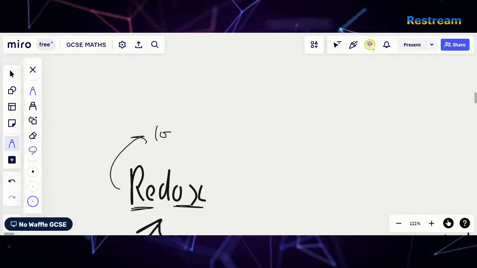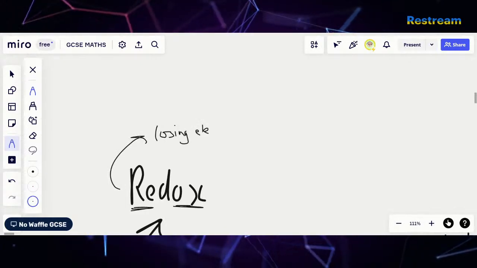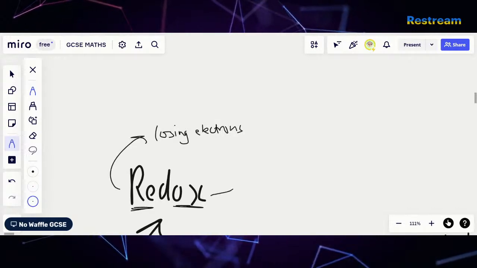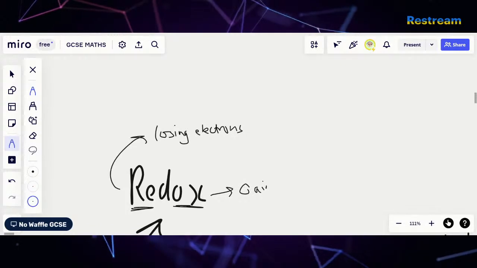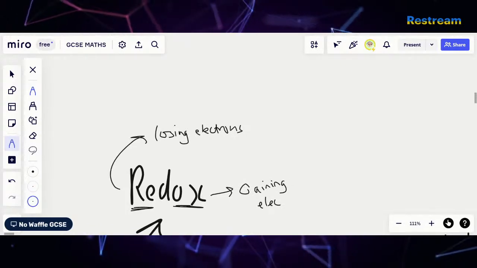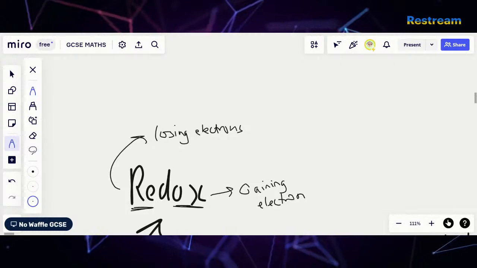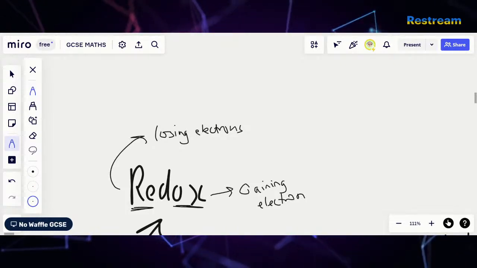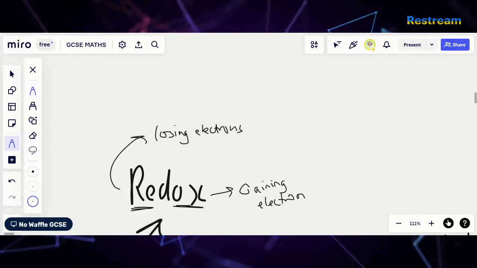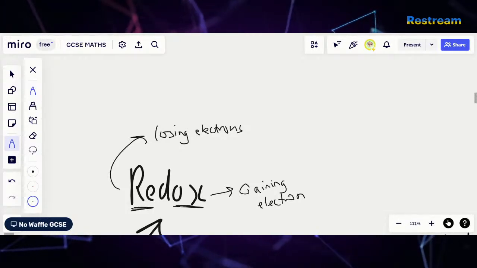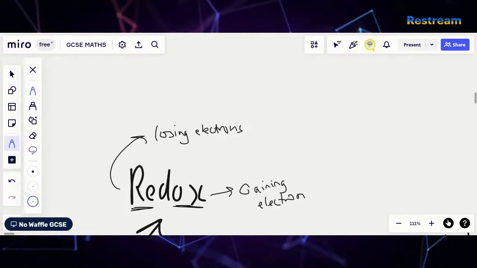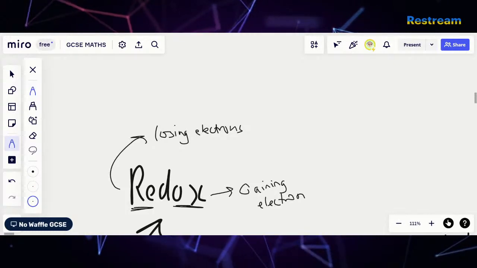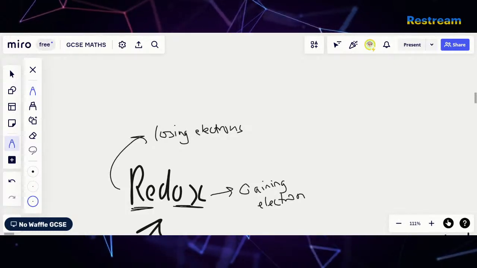Reduction is losing electrons, and oxidation is gaining electrons. In every reaction, a lot of it is redox because some elements are losing electrons and some are gaining electrons. Displacement involves kicking another one out, which we already discussed with the copper. In displacement reactions, it's always the metal ion that gains electrons and is reduced.